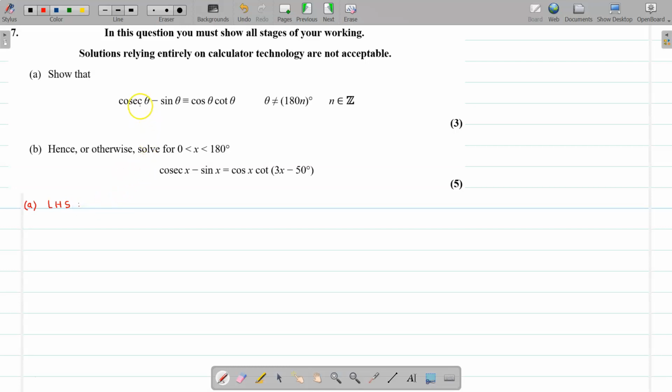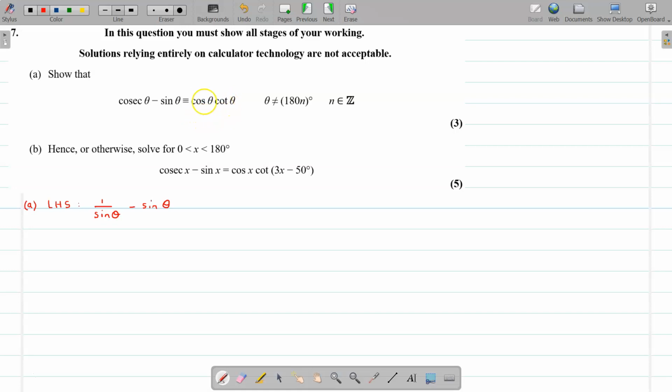I'm going to write the cosec as, by definition, 1 over sine theta, okay, minus sine theta. Now don't say that that equals this, because that's what we're trying to show. We can't just use that now. We've got to leave that alone, and hopefully we arrive at that at the end.